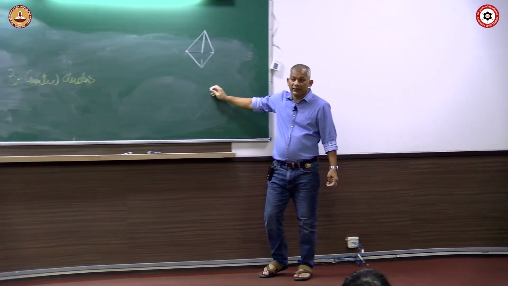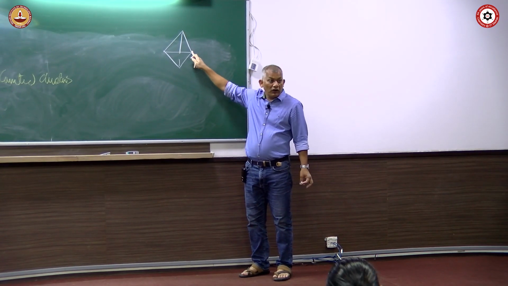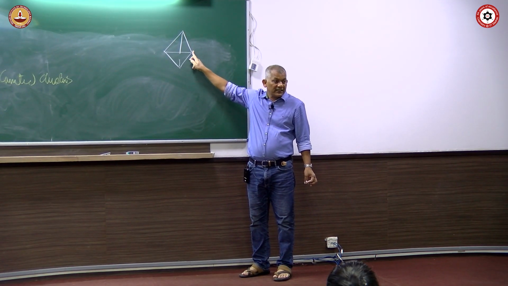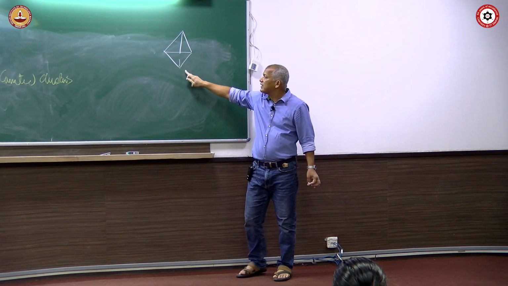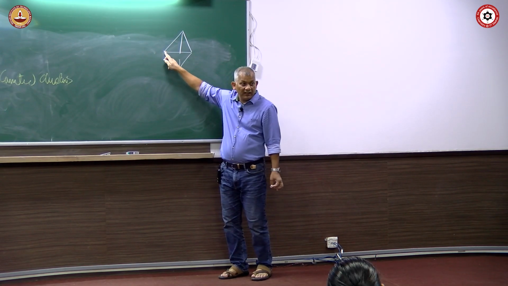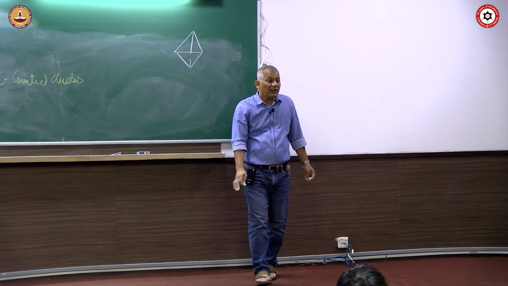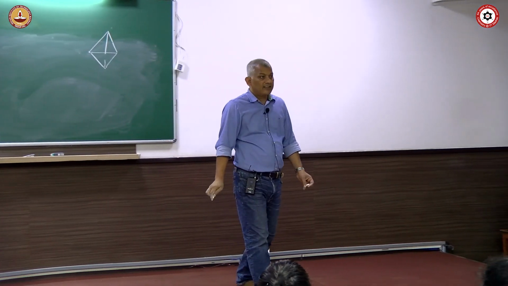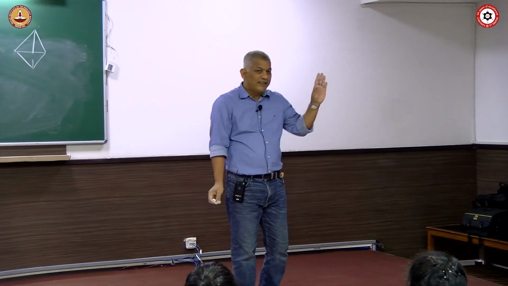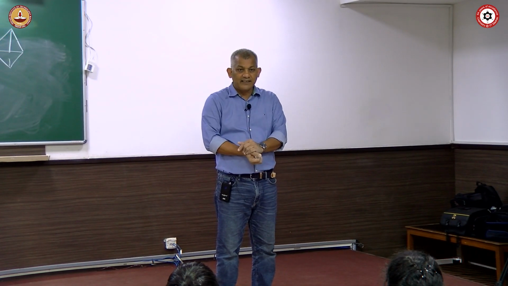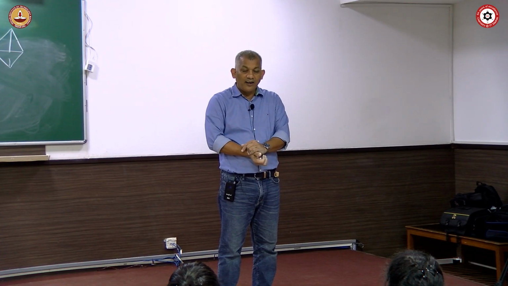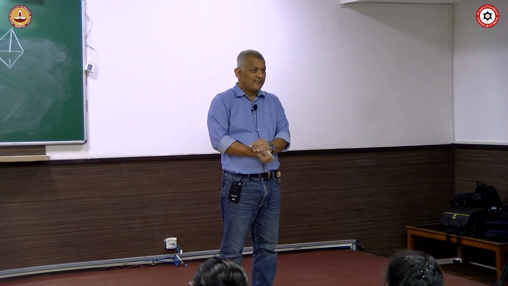What you see here, all these vertices are 3-connected: 3, 3, 3, 3. This is called tetrahedral. Now tell me other clusters in which all are 3-connected.